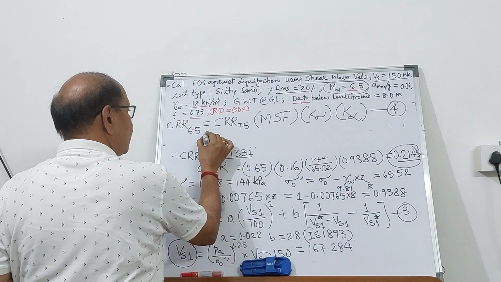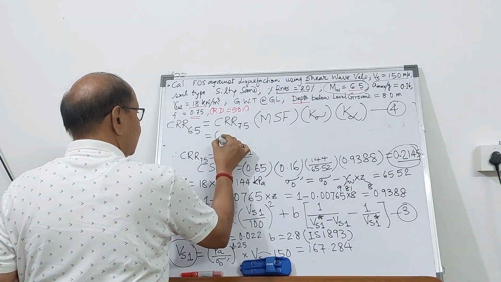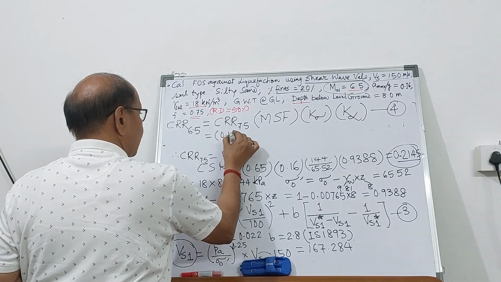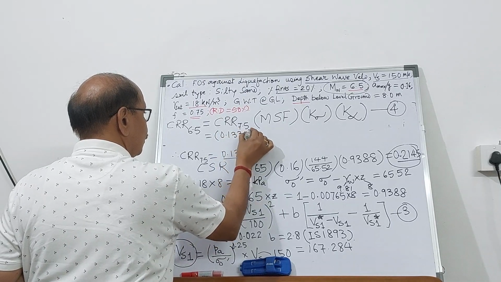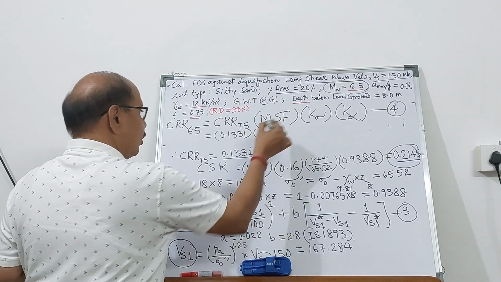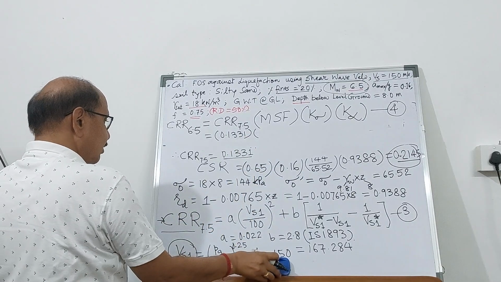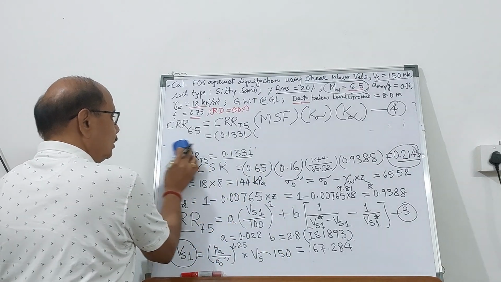So CRR is 0.1331. How to find out this magnitude scaling factor is quite simple.